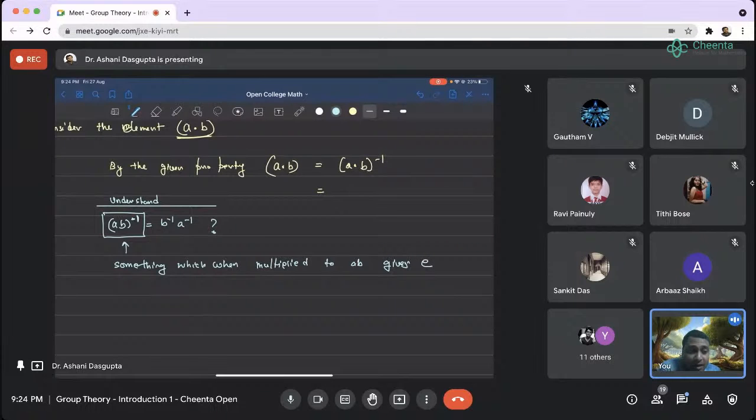That's the meaning of the symbol AB raised to the power minus 1. It is an element which, when multiplied to AB, gives me identity. I just need to check whether the right hand side element is such an element or not. Does this element satisfy this property, this condition?